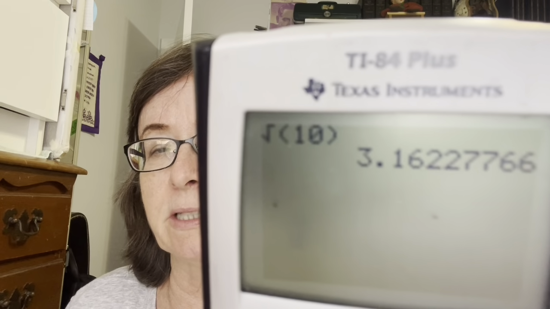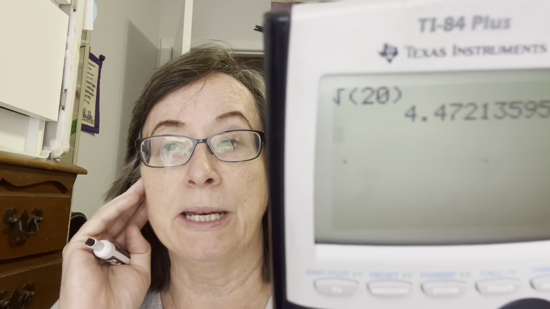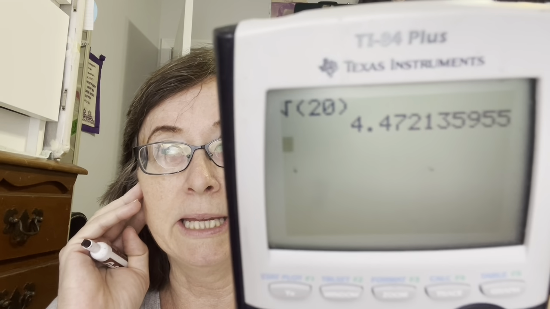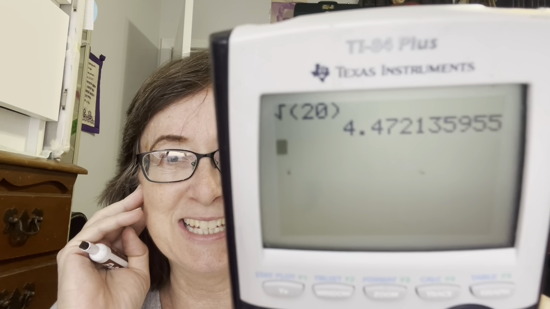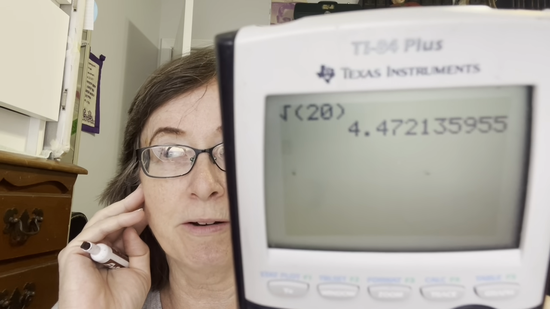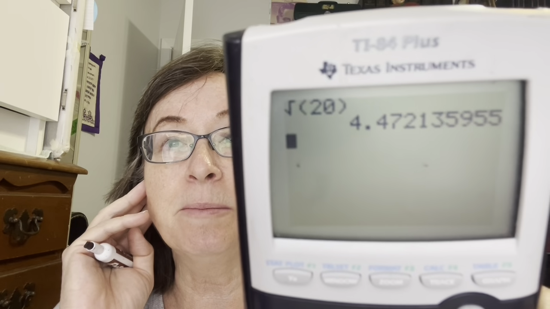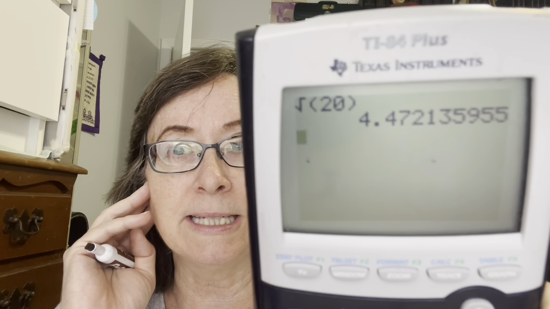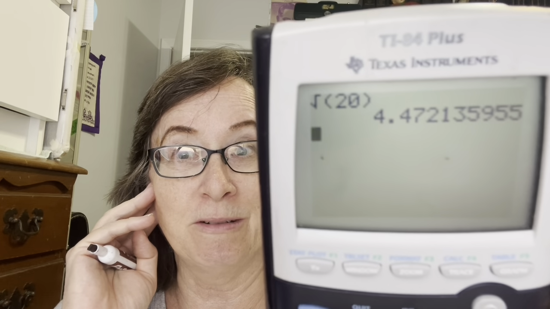And then the square root of 20. Okay, the square root of 20. Now let's think about the square root of 20. 20 is greater than 16. The square root of 16 is 4 exactly. The square root of 25 is 5 exactly. So doesn't it make sense that the square root of 20 is right in between those two numbers?